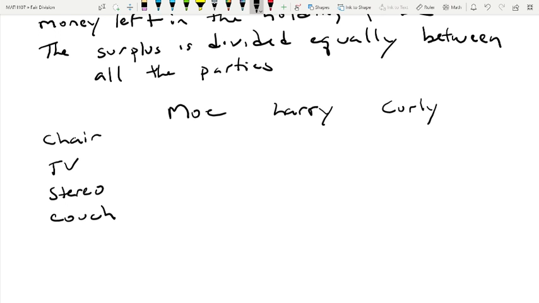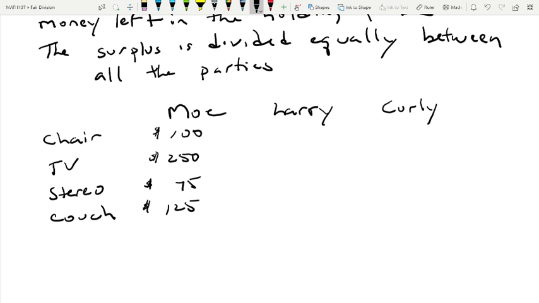Each one will put in a bid as to what they think each one is worth. Let's say Mo says the chair is worth 100, the TV 250, the stereo 75, and the couch 125.